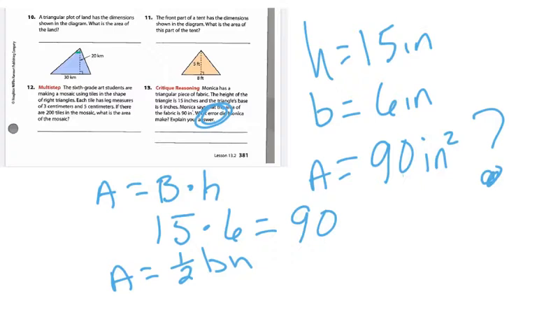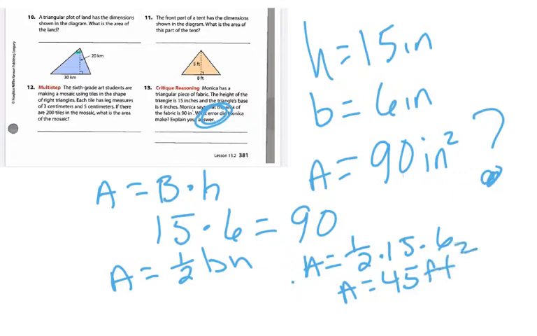So what she didn't do was multiply by 1/2. If she had, she would have had 1/2 times 15 times 6, which would have given her an area of 45 feet squared, which would have been the correct answer. So Monica, womp womp, she used the wrong formula.